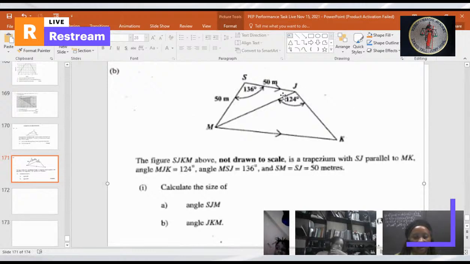So that's this angle here, from S to J to M. So how would we find this angle? Any ideas on that? Let's have an angle SJM. Speak up, John.